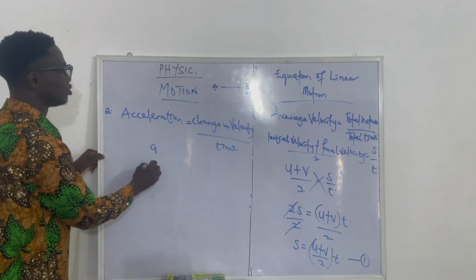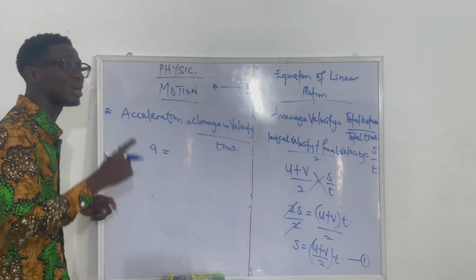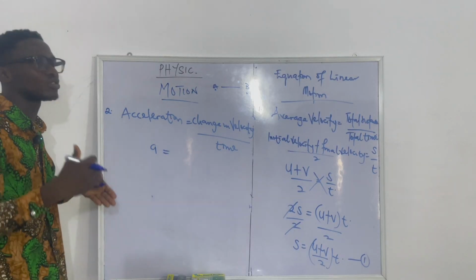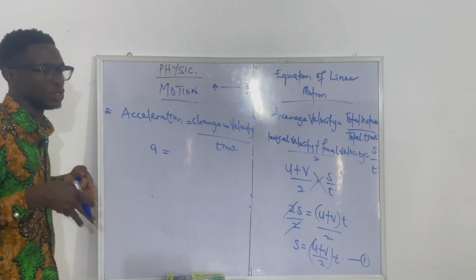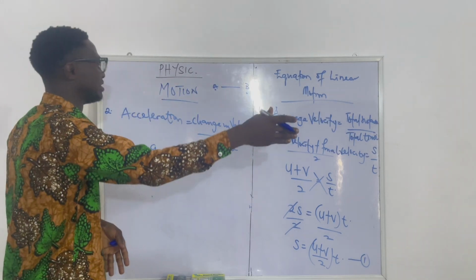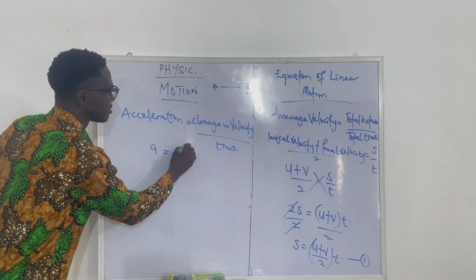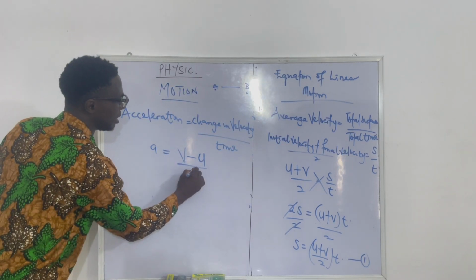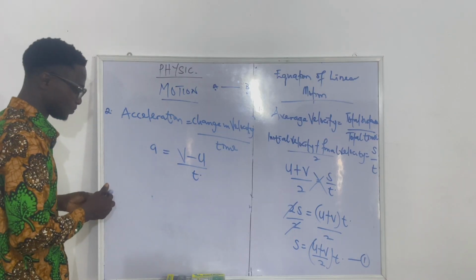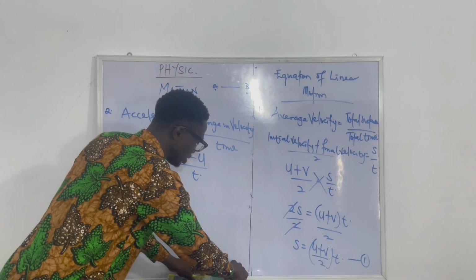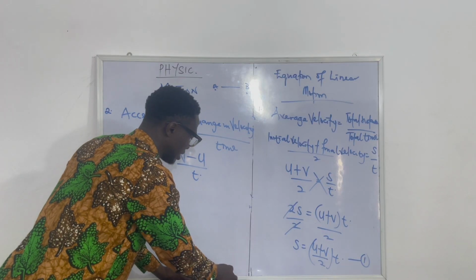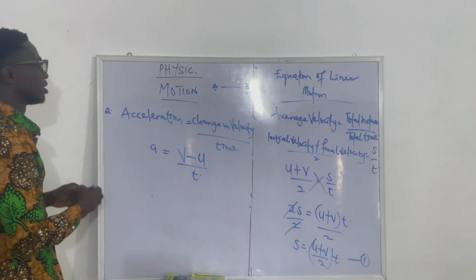A change in velocity is final minus initial. Let's say you're going somewhere, you have a starting point and an end point. So that's final minus initial over time.